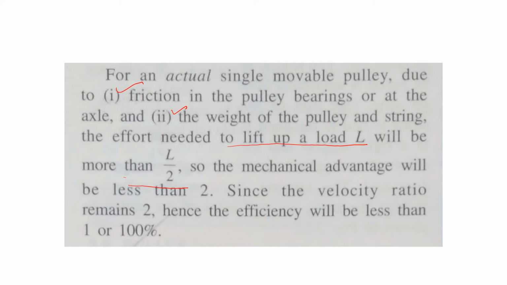Since the velocity ratio remains 2, because velocity ratio is not changing, only the mechanical advantage is changing. Velocity ratio is related to the distance covered. So velocity ratio remains 2, hence the efficiency will be less than 1 or 100% in a single movable pulley. Theoretically it is 100%, but practically it is less than 100%.